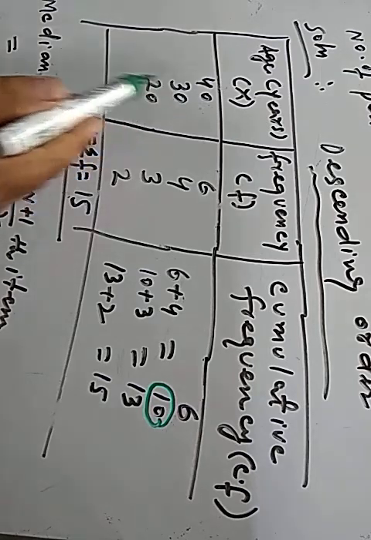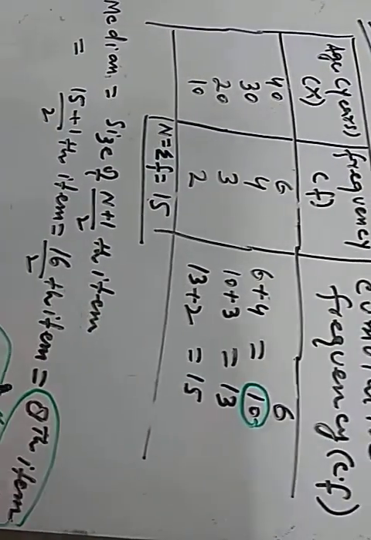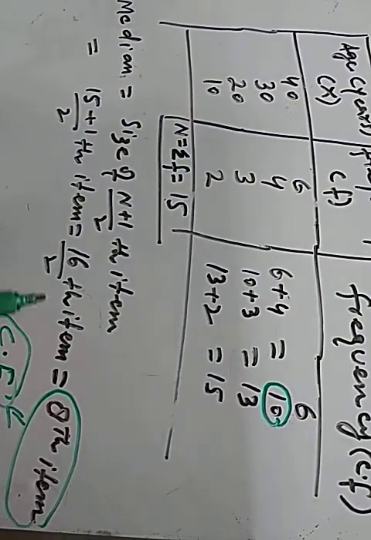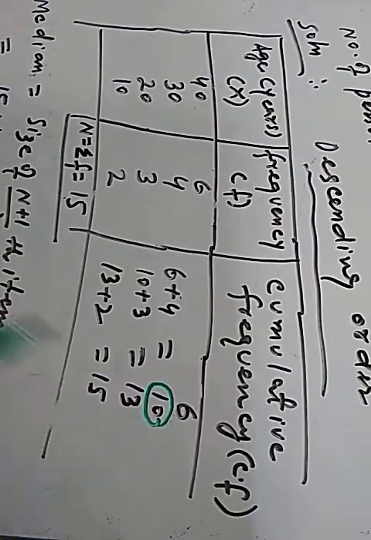They also qualify this value. And we have obtained the value of size of (n plus 1) divided by 2th item equal to 8, and this 8 will lie in this number, that is 10.